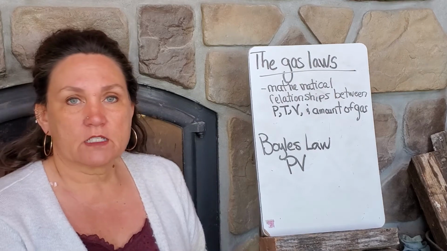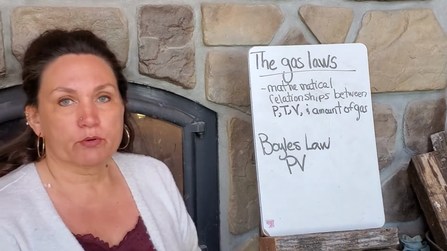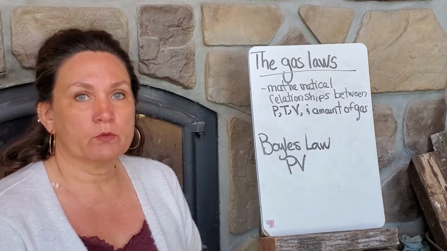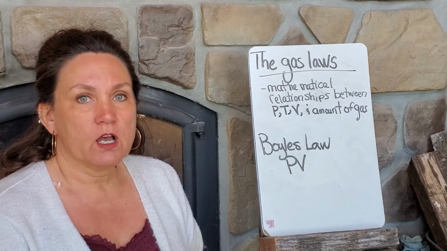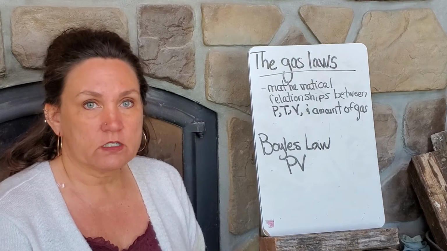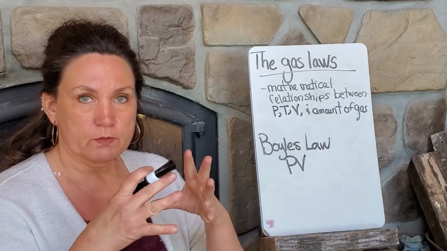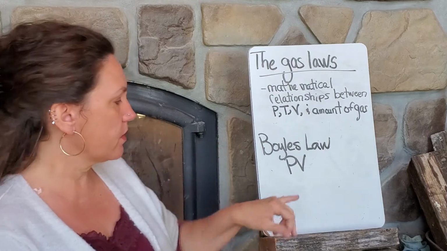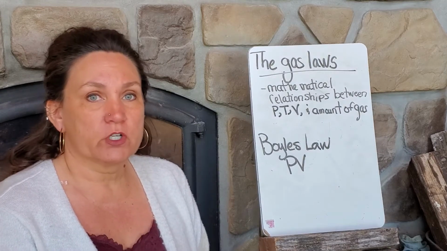So the first gas law that we're going to look at is Boyle's law, and it is a pressure-volume relationship. If the pressure of a gas is increased, it's like we squish those molecules closer together, the volume goes down. So it's actually an inverse relationship.